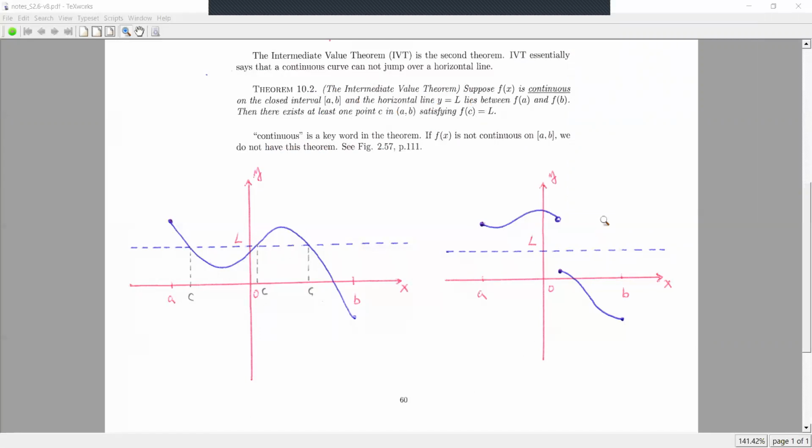For example, the function in this diagram is not continuous everywhere between A and B. At this point, the function has a jump. For this function, you cannot find a C between A and B where the function value is L, because the graph of the function doesn't intersect the horizontal line L.